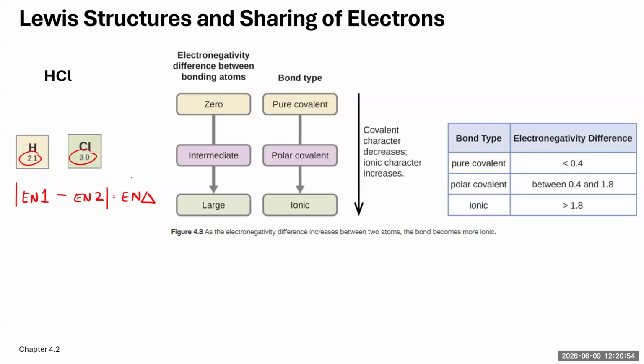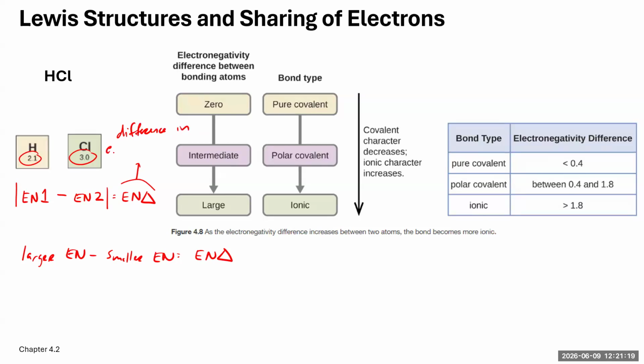That's a triangle. It's another delta sign, but it means difference of. Or you could say larger electronegativity minus smaller electronegativity equals the electronegativity difference, right? So we'll say difference of electronegativity.